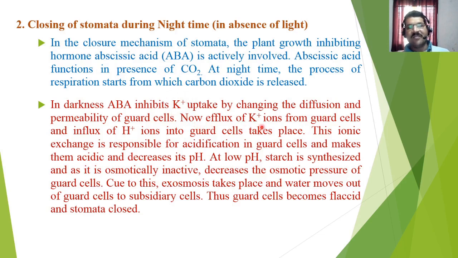Now efflux of K plus ions from guard cells and influx of H plus ions into guard cells takes place. Exactly the opposite process takes place here. During daytime efflux of H plus ions was there, but during night time efflux of K plus ions takes place and influx of H plus ions takes place into the guard cells.